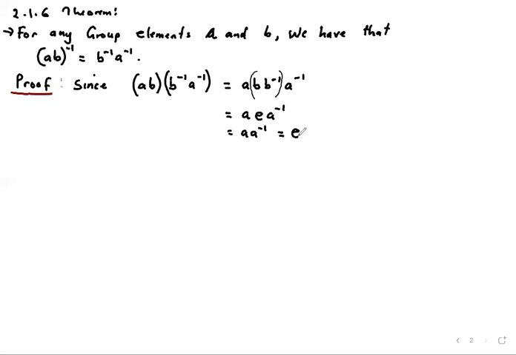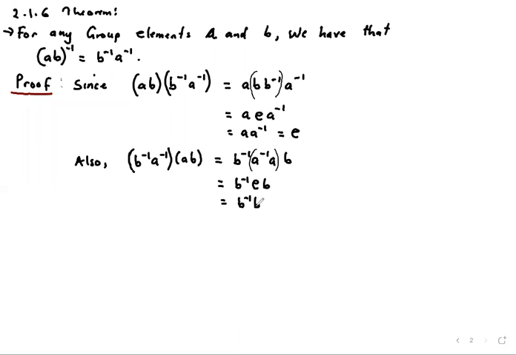Also, if we switch, B inverse A inverse multiplied by AB is just B inverse A inverse A B. Doing this again, we get B inverse E B, which gives us B inverse B, which is again E.